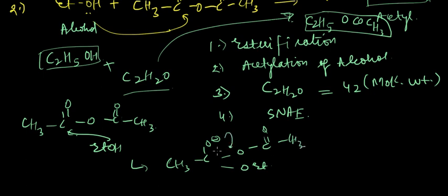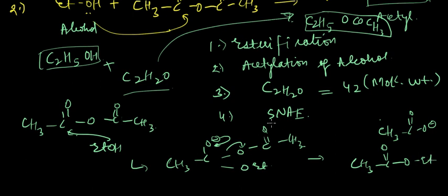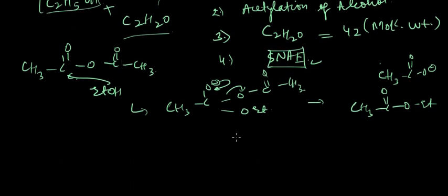Next, this O minus will again create a double bond with the carbon atom, and this group will leave as CH3 C double bond O negative. This is a stable anion you can get, and finally we'll get something like this. So first addition and then elimination took place, and this is an example of an SNAE reaction.